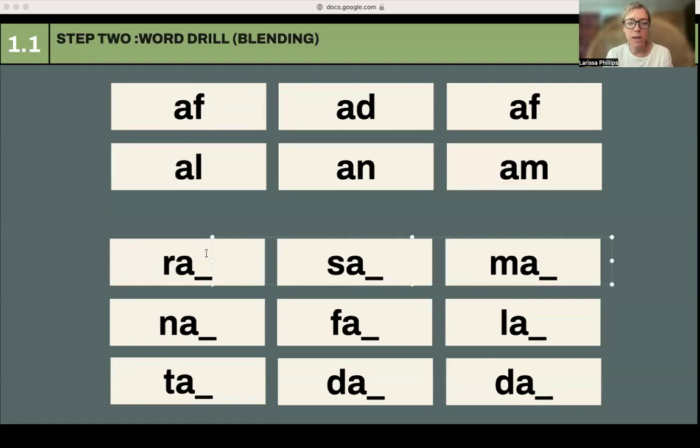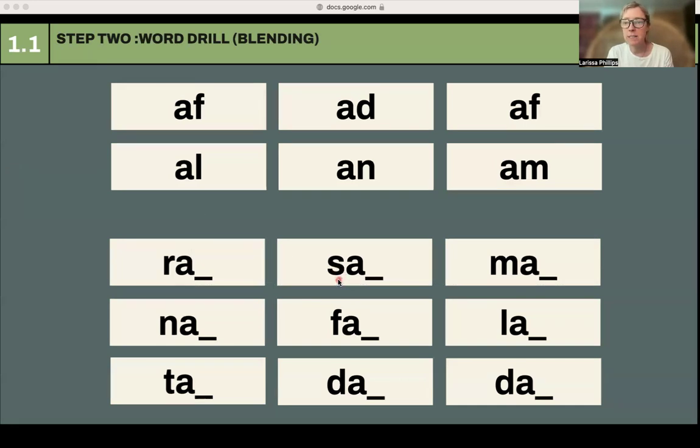Okay, so if we have ra and we drop in t, what word do we have? Rat. What about ram? Ram. What about rad? Rad.